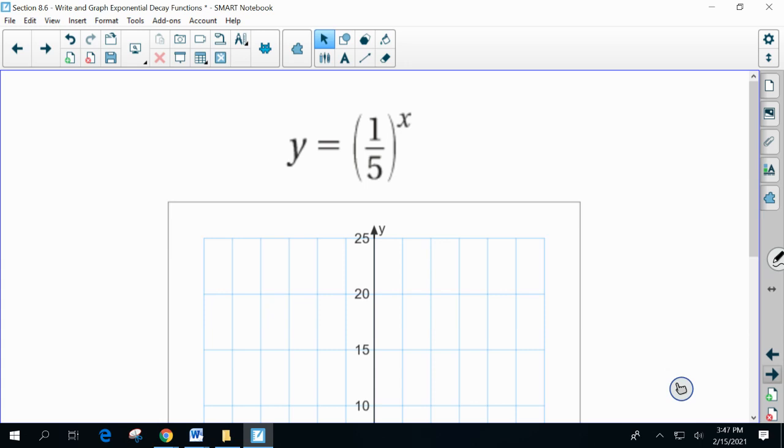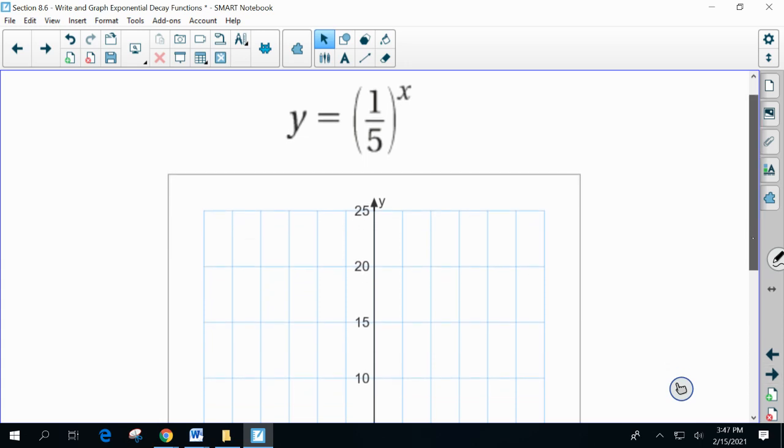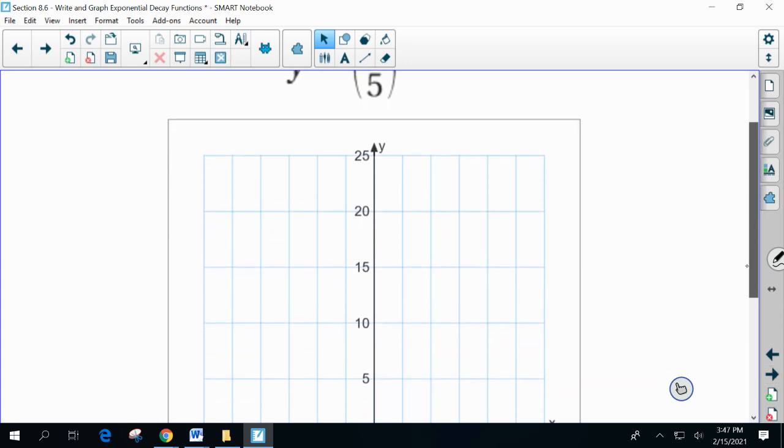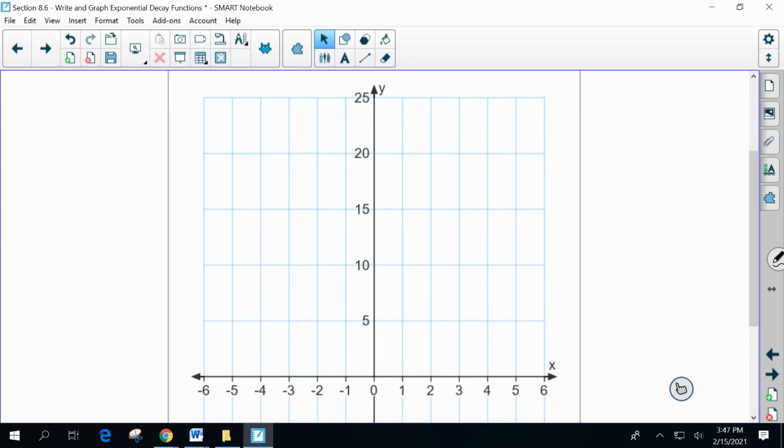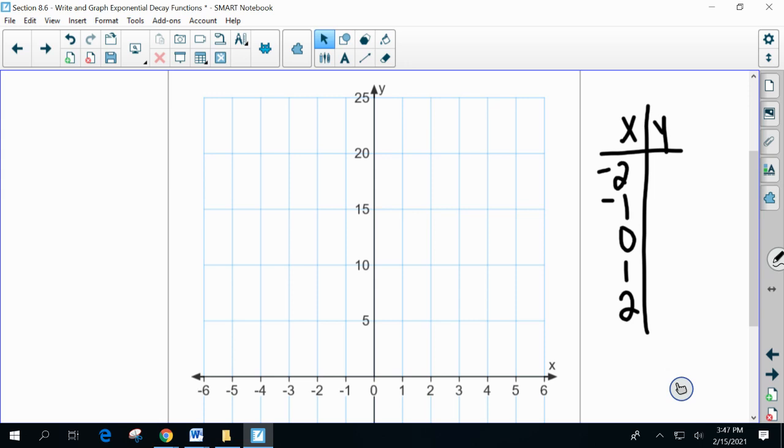Okay. So we're going to do the same thing here, 1/5 raised to the x power. Notice our graph is a lot larger in numbers because our numbers are going to be larger. We're going to use those same x values. So 1/5 raised to the -2 power would be 25.